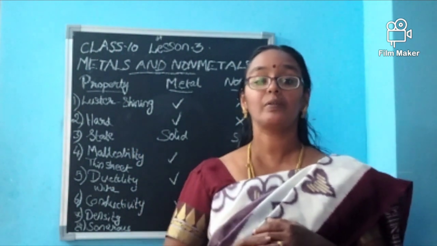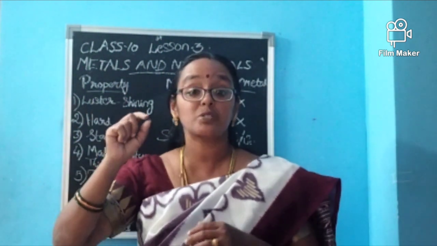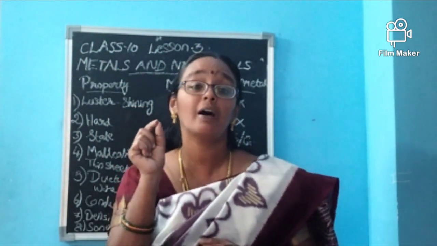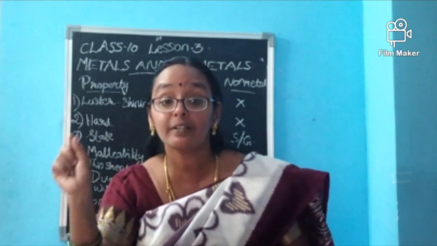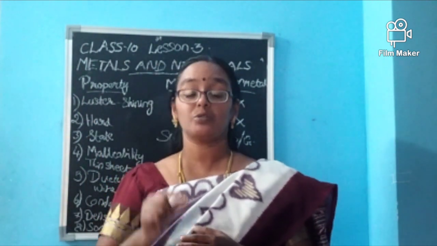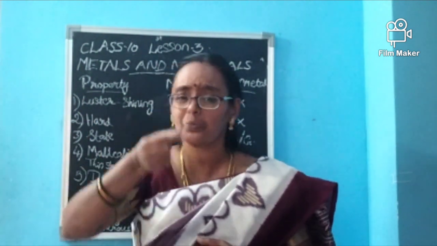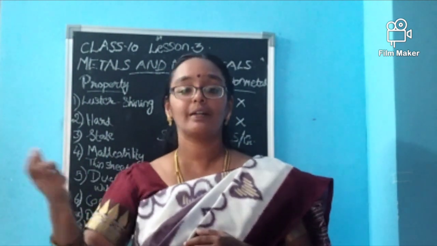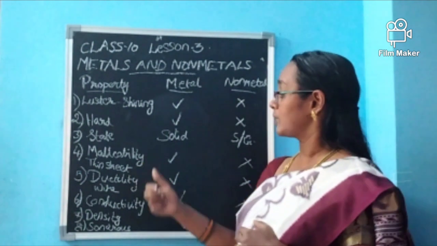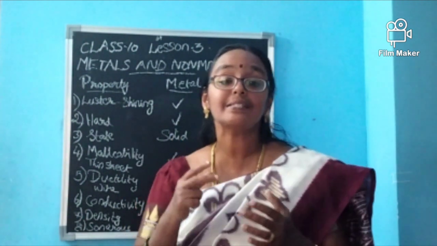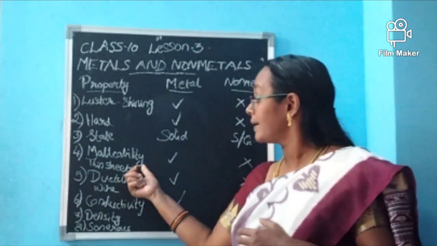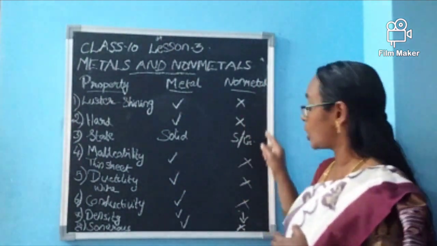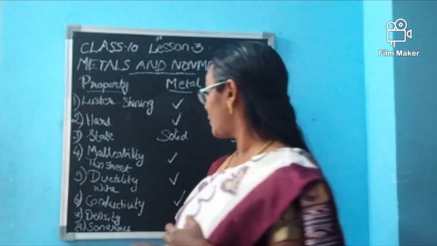You will learn in 11th standard how gold has been made into a thin sheet of about 0.003 millimeter for the bouncing of atoms and all. It is for that I am saying that malleability is more for metals, that is, making into thin sheet is more. It is not possible for non-metals.